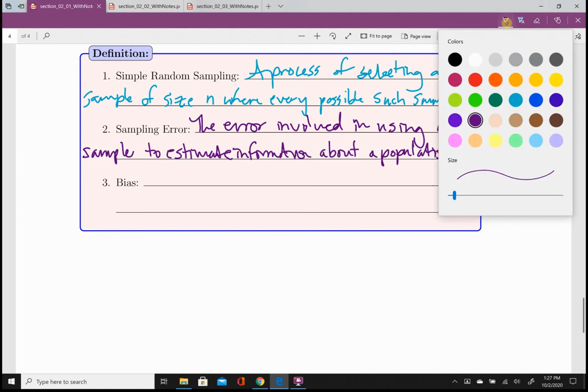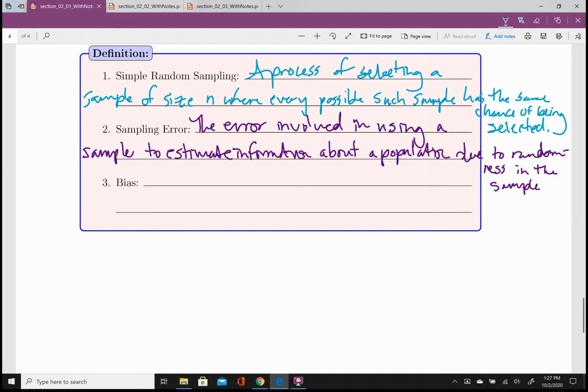Okay, I'm going to change the color scheme yet again to something distinct. Let's go with this dark green color. And define bias: a sampling method that consistently underemphasizes or overemphasizes some characteristic or characteristics in the population is said to be biased.